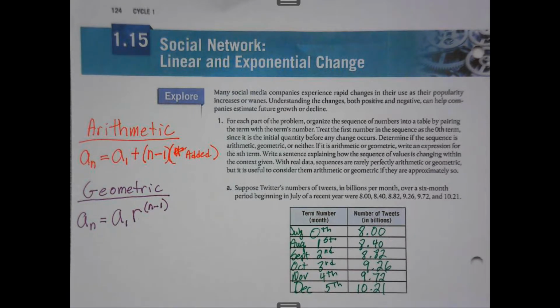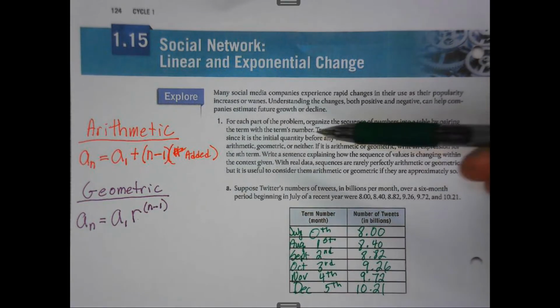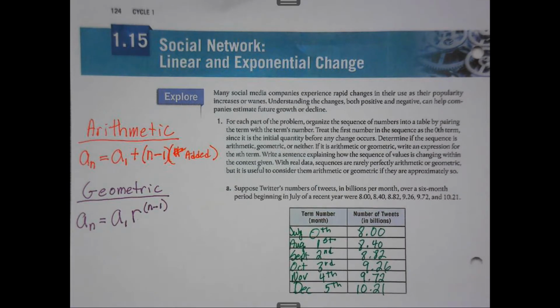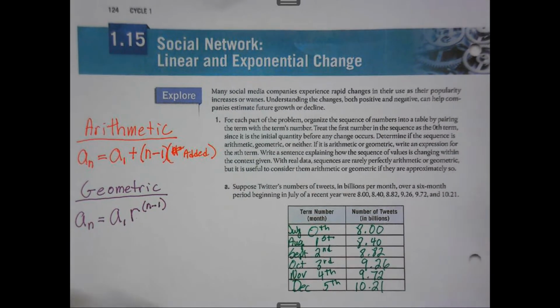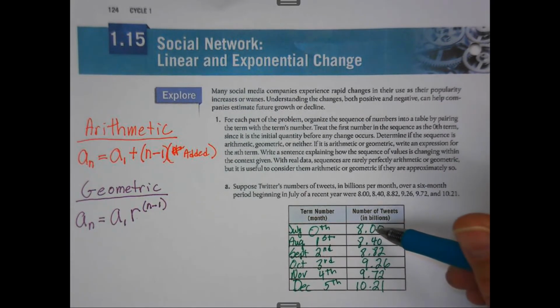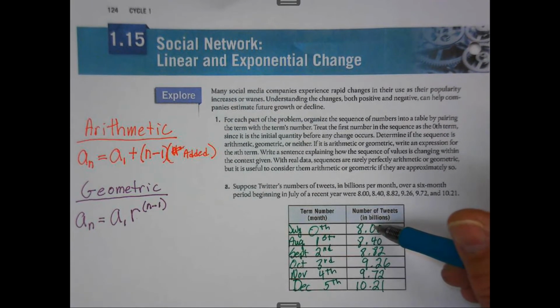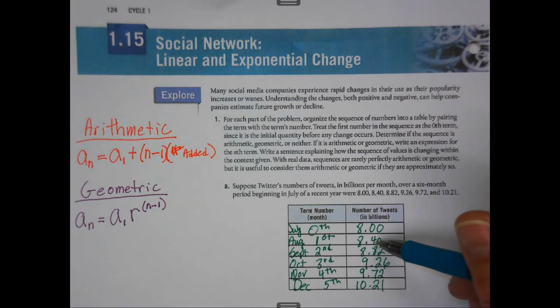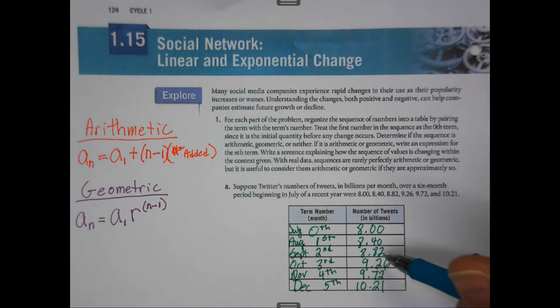Okay, so the question was, is there a sequence to this? Well, let's figure out what's going on here. Let's see, we're adding 0.4 here. Here we're adding 0.42 from the first to the second. From the second to the third, we're adding 0.44.